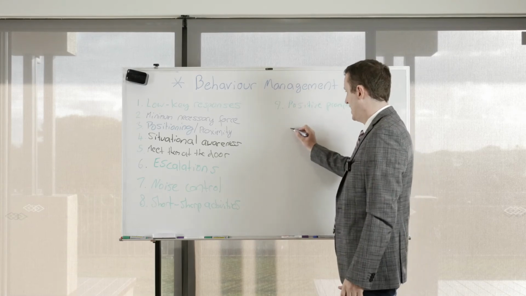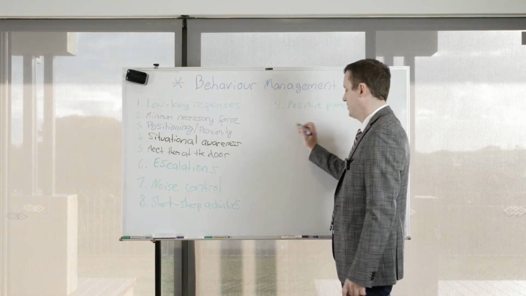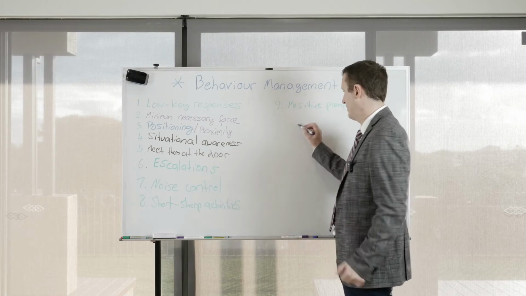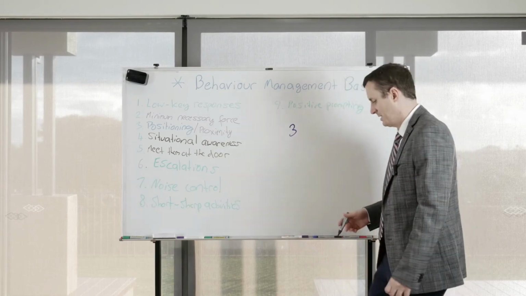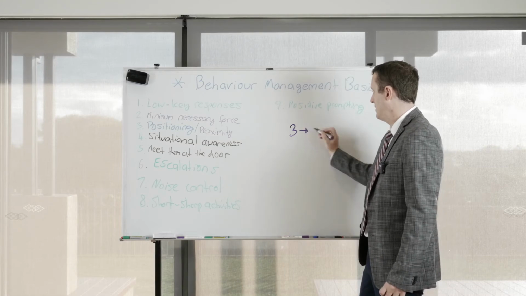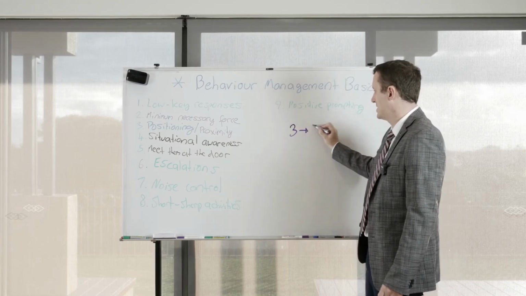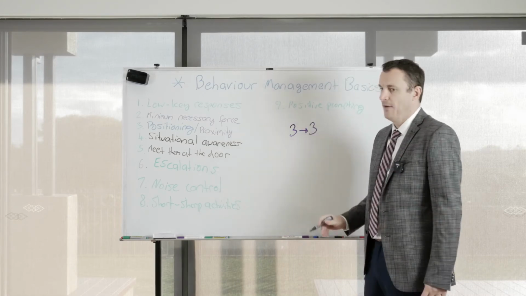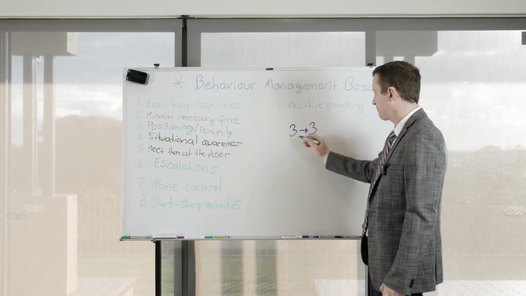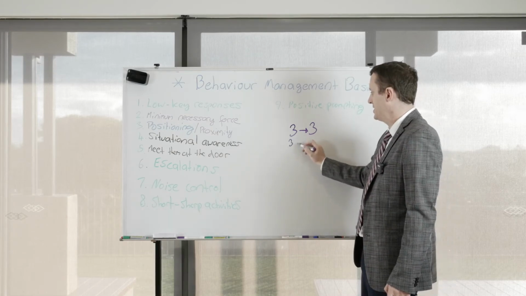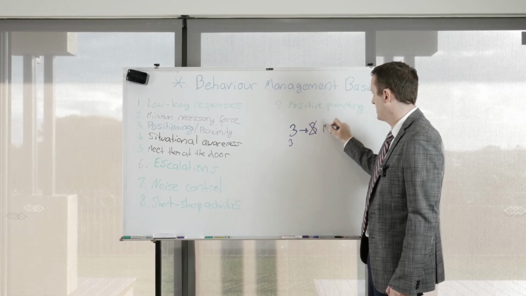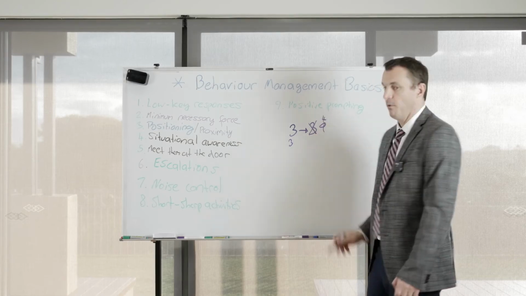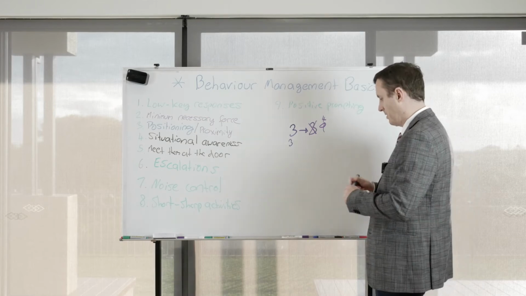So let's say that a student does something simple that you would categorise as level 3. Doesn't really matter what a level 3 is, but let's just use some numbers to make it easy. And then the minimum necessary force to deal with that level 3 behaviour is a level 3 reaction. But if that doesn't work and the student continues, then obviously you're going to have to up it to a number 4.